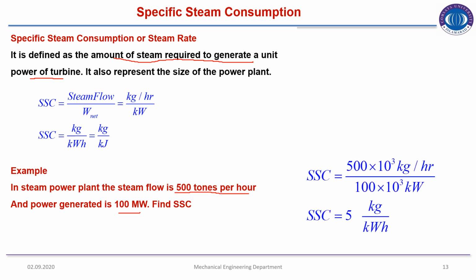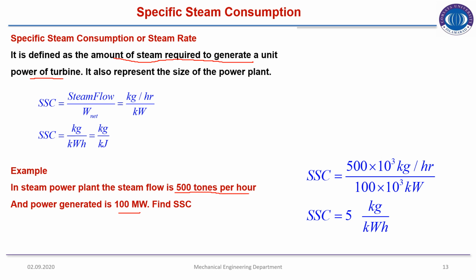Here we are asked to find the specific steam consumption or steam rate. The 500 tons are converted into kg, so it is 500 multiplied by 10 raised to power 3 kg per hour, and the power generated, 100 megawatt, is converted into kilowatt, that is 100 into 10 power 3 kilowatt.